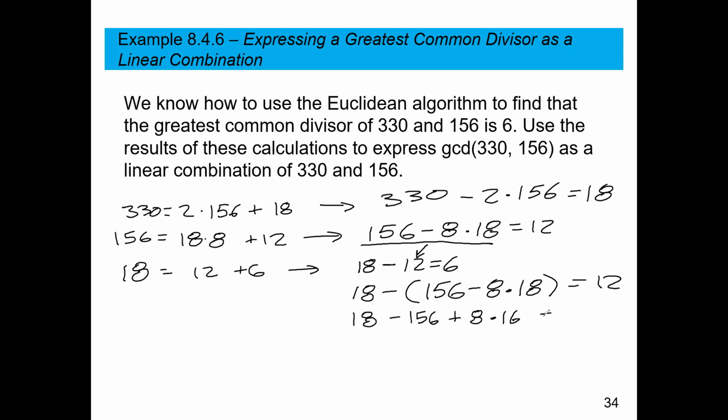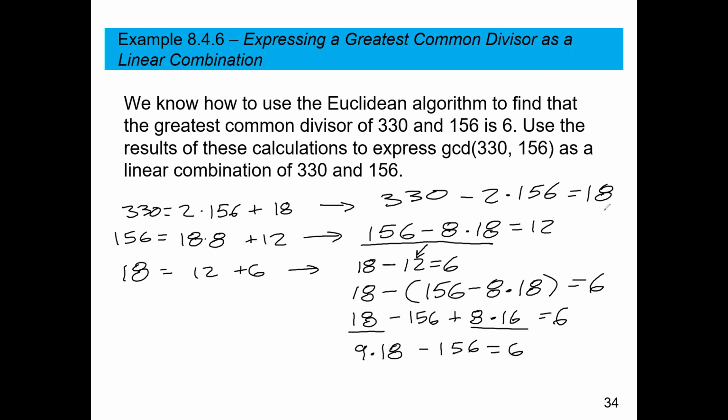And now notice I have, between these, 9 18s. So I have 9 times 18 minus 156. Sorry, not equals 12, equals 6. That's my bad. Let me erase that real quick. As soon as I wrote that, I should have caught it. So these are equal to 6.